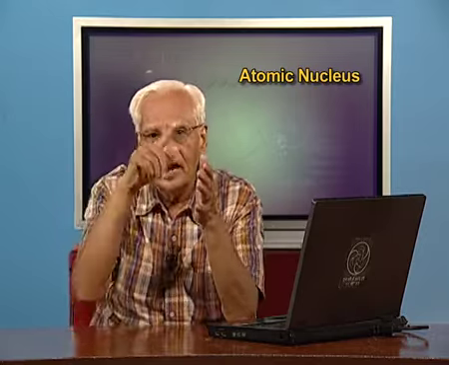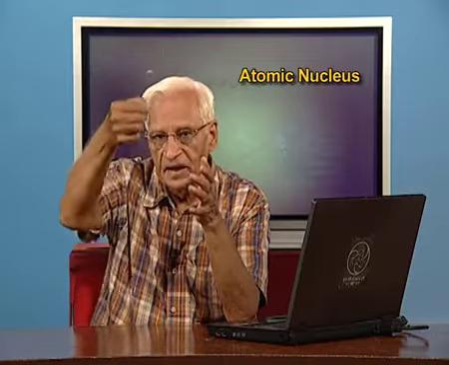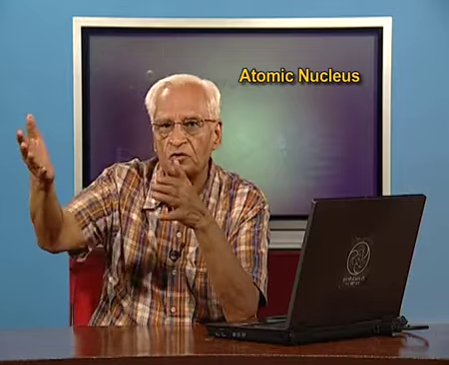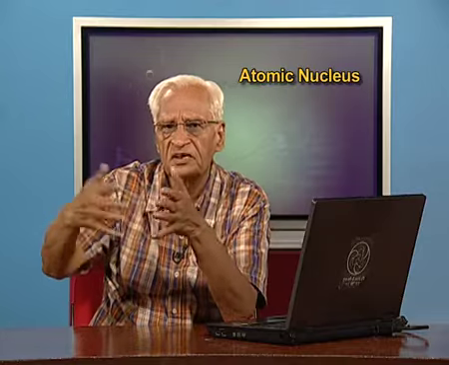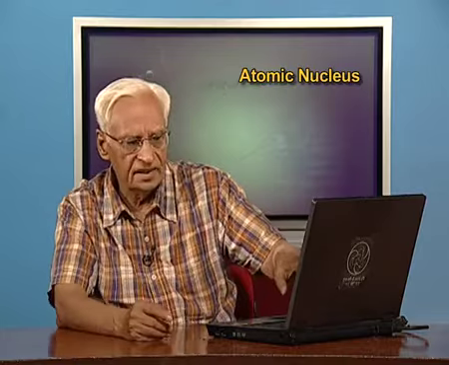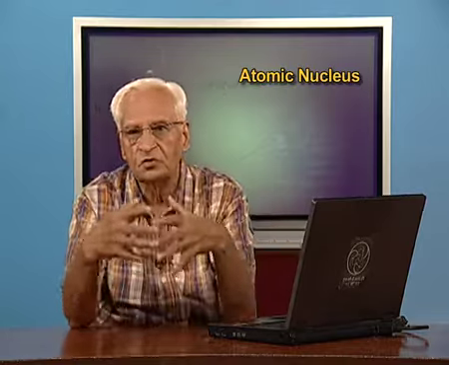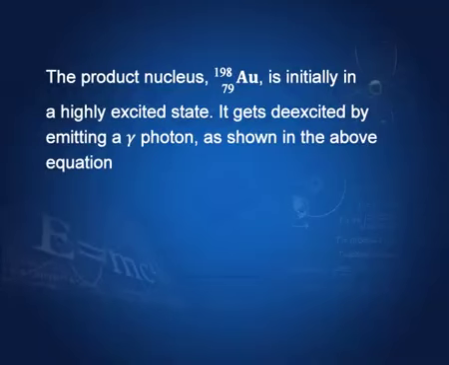Remember, in an atom, an electron comes back to the ground state by emitting a photon of energy which is much smaller than this energy. In the case of a nucleus, the gamma particle is emitted once the excited nucleus comes down to the ground state.